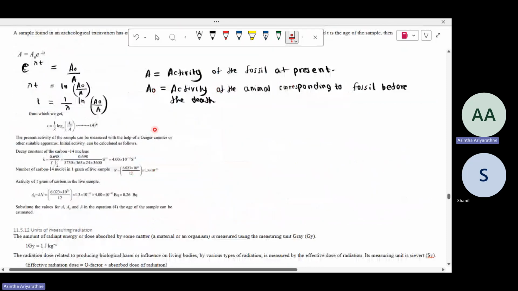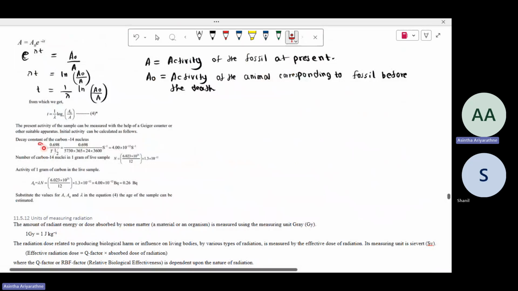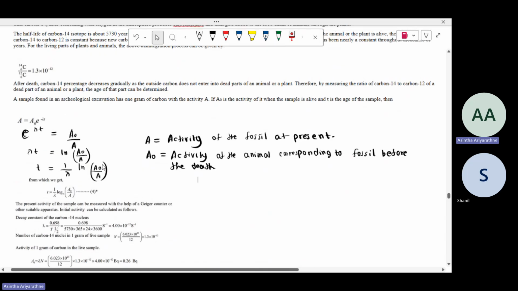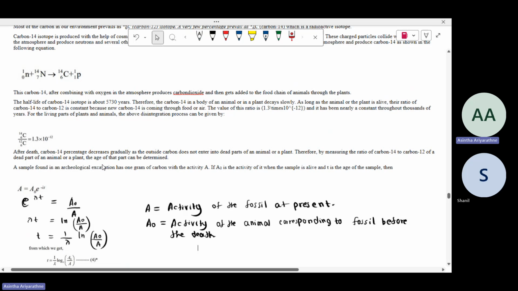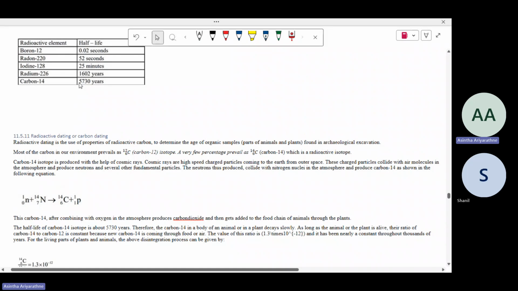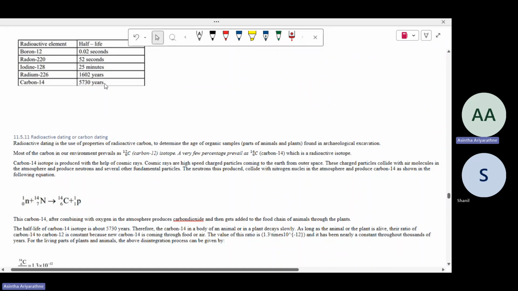Then from that, lambda can be found. The half-life of carbon-14 is 5,730 years, so you can see it here in the table. Half-life of carbon-14 is 5,730 years.